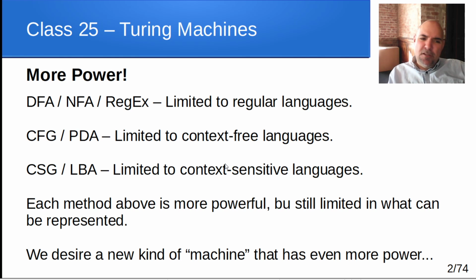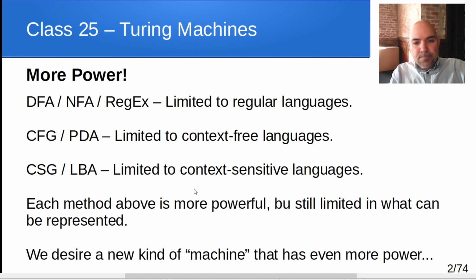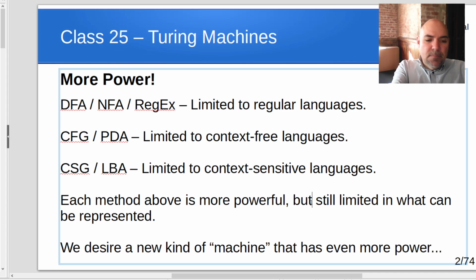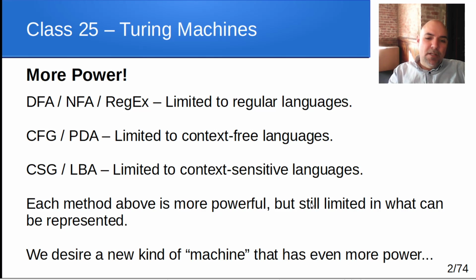And we did talk a little bit about context-sensitive grammars, where the left-hand side, rather than being just a single variable, could be a variable and terminals. But the idea here is that each of these increased the scope of what we could represent as far as languages were concerned. So each method above is more powerful, but was still limited in what could be represented.